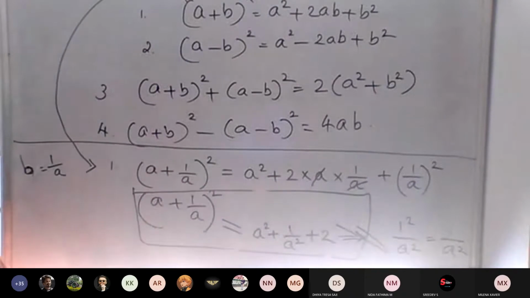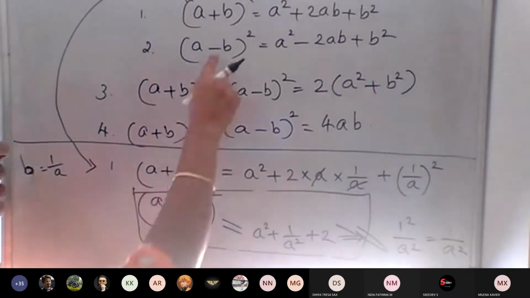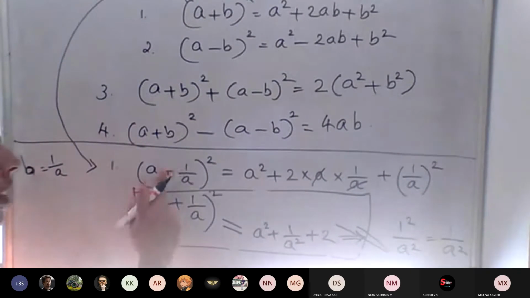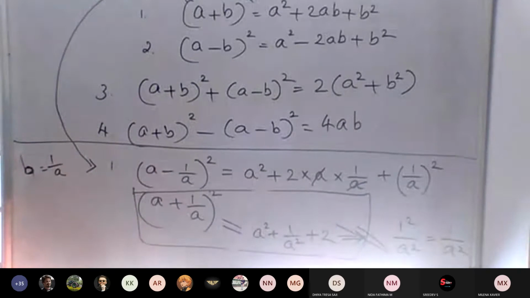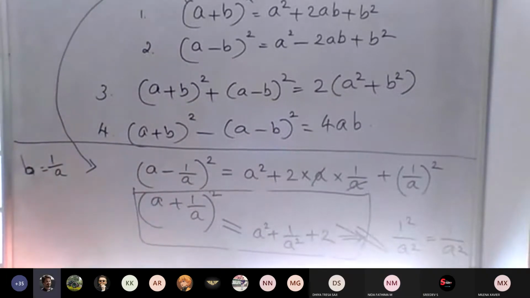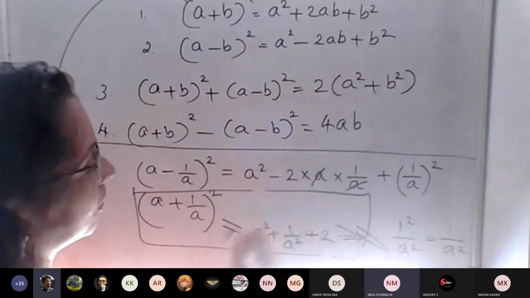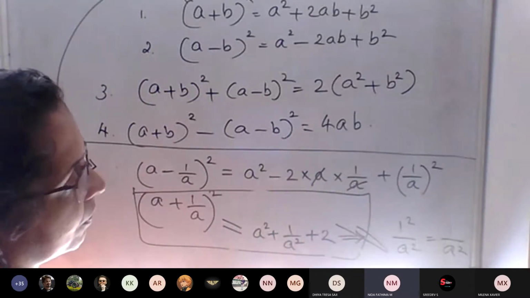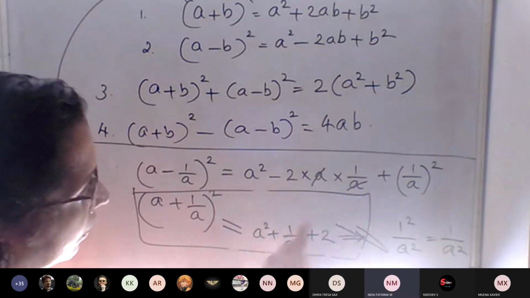So what about A minus 1 by A whole square? Same way, instead of B we will replace it with 1 by A. So what will happen to this? Tell me. A minus 1 by A whole square is A square minus 2 into A into 1 by A plus 1 by A whole square.